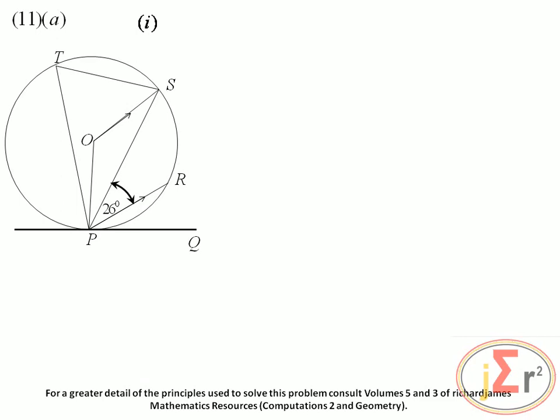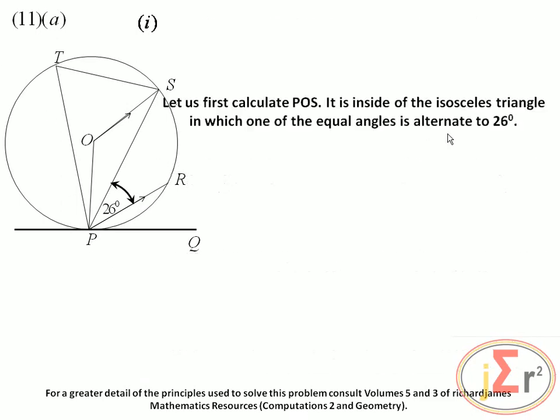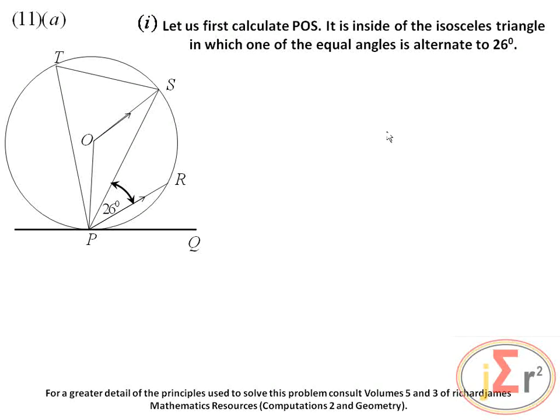In the first case, we are required to find the angle PTS. Let us first calculate POS. It is inside of the isosceles triangle in which one of the equal angles is alternate to 26 degrees.